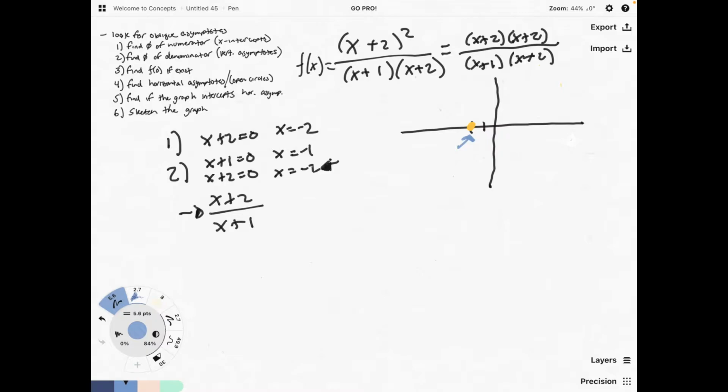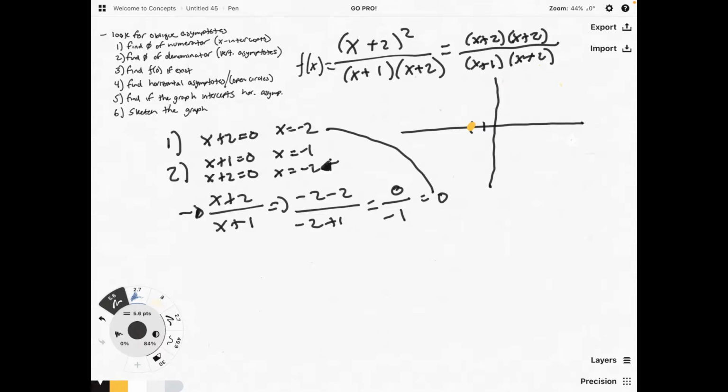When we plug in a -2 for x, we're going to get (-2 - 2) divided by (-2 + 1). In this case, we have 0 divided by -1, which is equal to 0, which confirms that this was in fact our x-intercept if it exists.